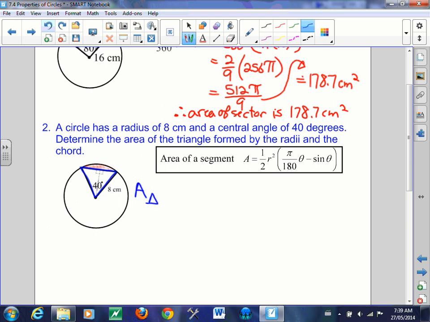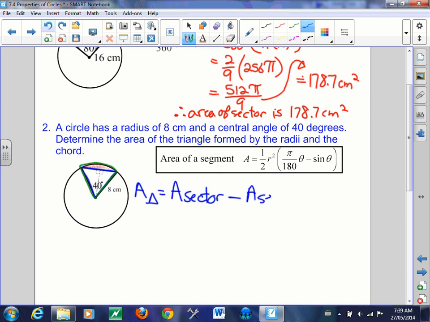So area of the triangle equals area of the sector, which is like your whole pizza slice, subtract the area of the segment, which is colored in the reddish color.